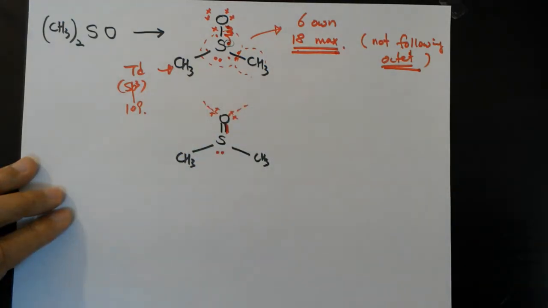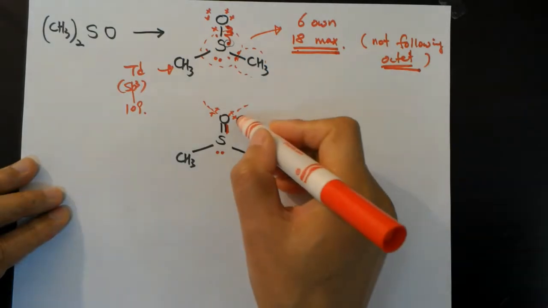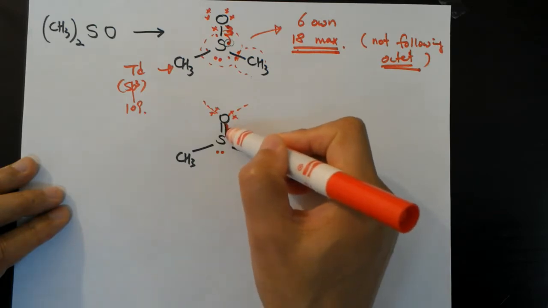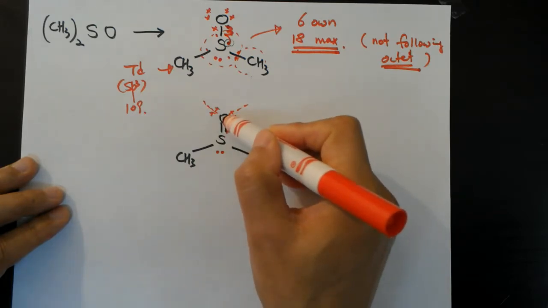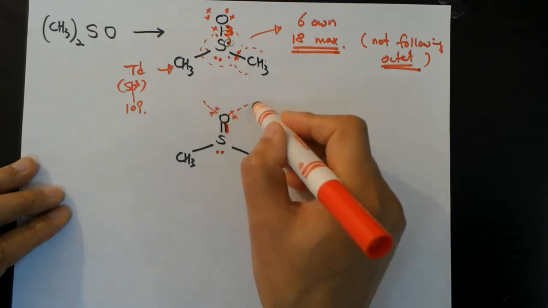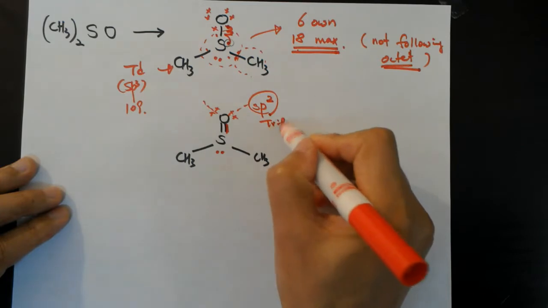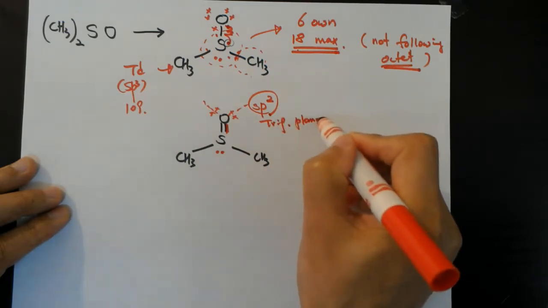Okay, then we can see oxygen has 1, 2, 3 pairs besides the p orbital. This is pi, but oxygen used only a p orbital, which is not mixed. So the rest are mixed, creating 3. So it's sp2, having a trigonal planar structure around the oxygen, flat.